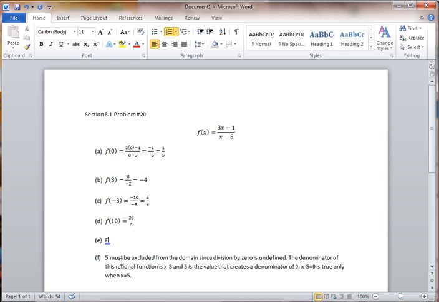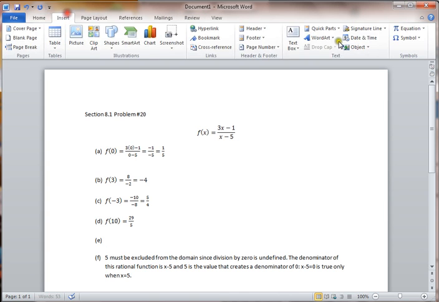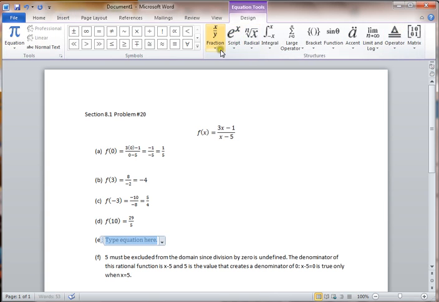On this one here, part E, I didn't type it because I wanted to, again, demonstrate the use of the equation editor a little bit. So the problem itself says the function named f. Now, this is what I wanted to show you, is you can actually use this bracket instead of typing the parentheses individually.